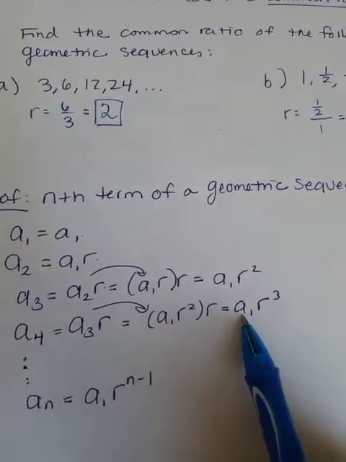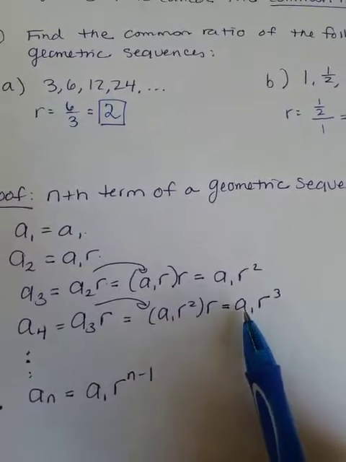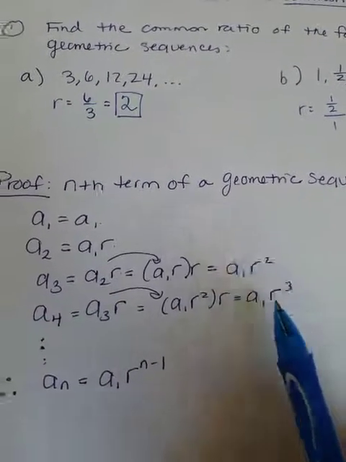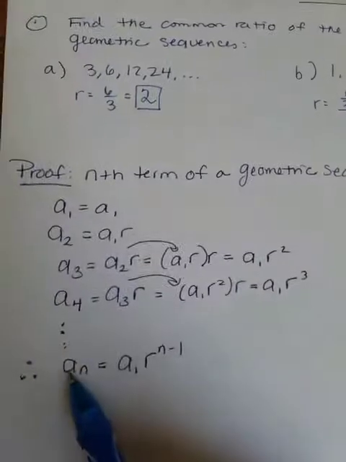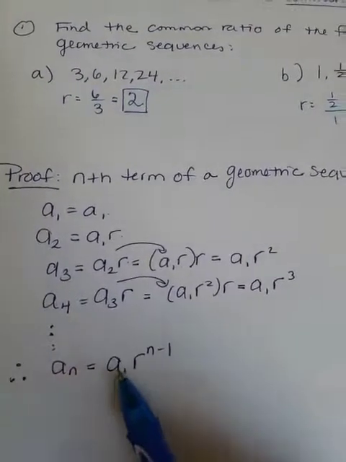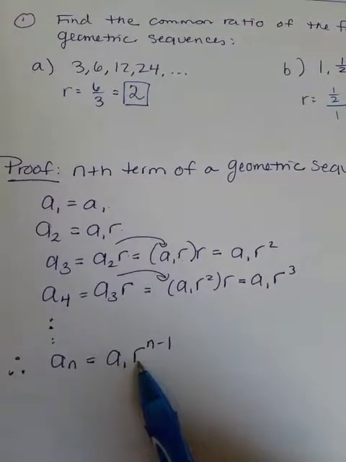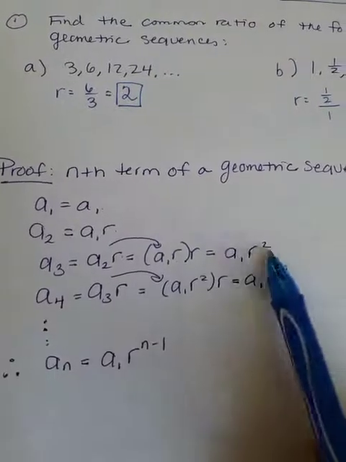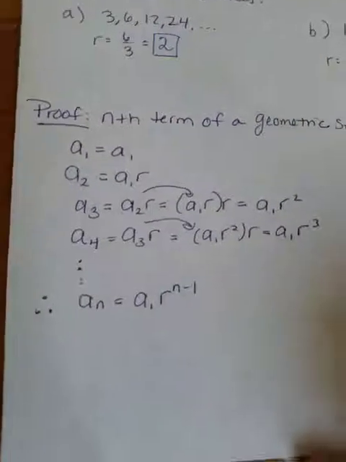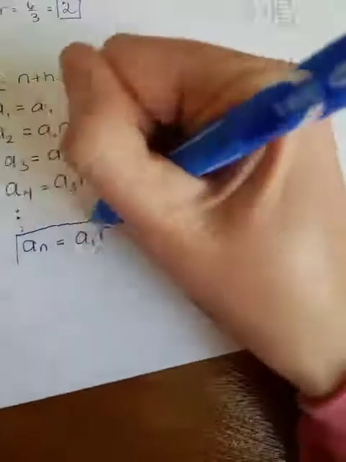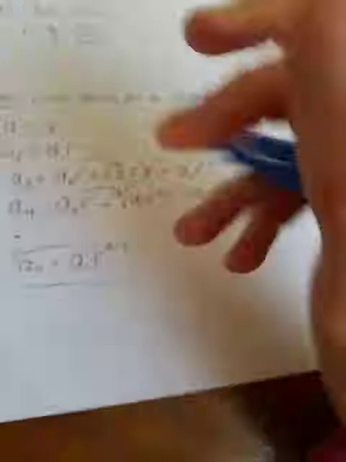Multiply your R's. Another way to think of a sub 4 is a sub 1 times R cubed. So looking at your pattern, therefore we can say if you have an a sub n, that's equal to your first term a sub 1 times R to the power of n minus 1, which you should see there. So that's an important equation you will see us using here.